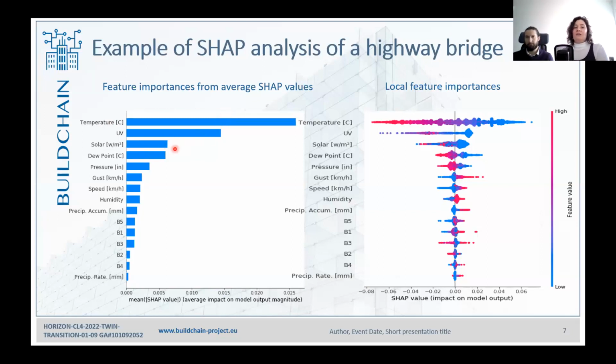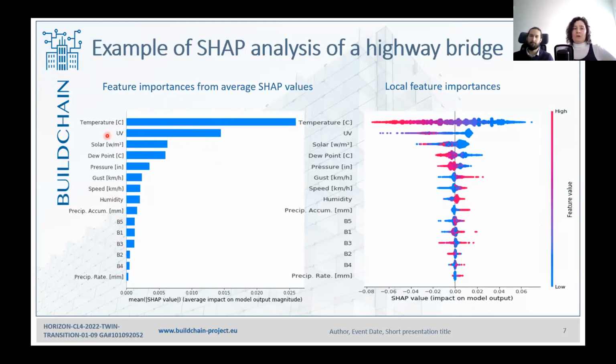And it's not specifically showing causality, but these parameters together are responsible for the frequency change. You can also see the speed of the wind. I think we also had as a categorical feature the direction of the wind or the different traffic loads.